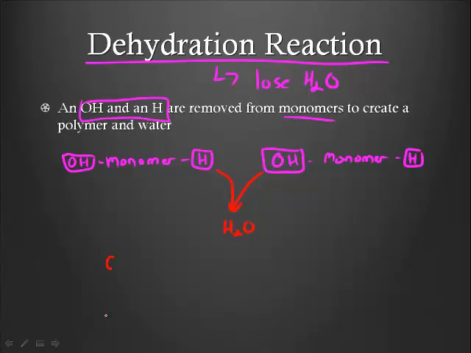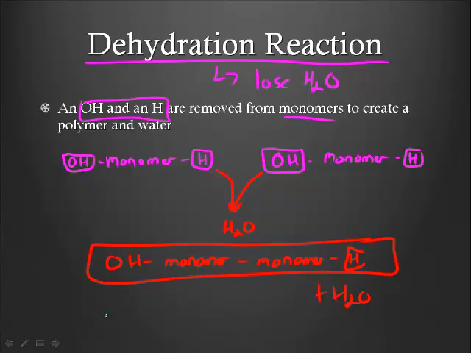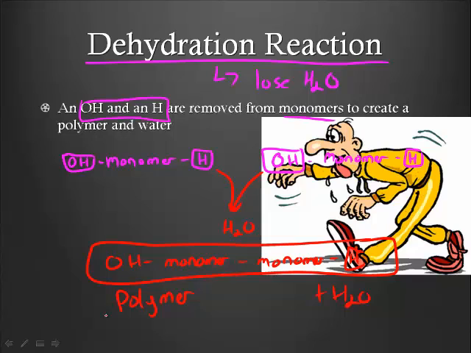So what happens is we end up having this monomer joined together with another monomer, and then we're also going to have that water that's left. Okay? And so this new thing that's come together is called a polymer. Okay, so you can jot that down, and we'll move on to the next one. Little visual there, dehydration, losing water, drop, drop.